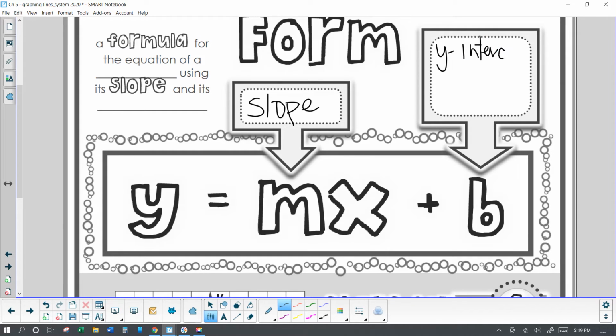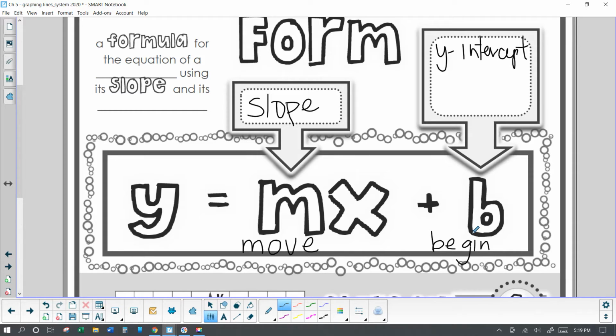I like to say they labeled the slope m because that's where I'm going to move on my graph, and they labeled the y-intercept b because that's where I'm going to begin my graph. m is for where it's going to move to next. b is where it's going to begin. So that's why they use the letters m and b to represent slope and y-intercept.